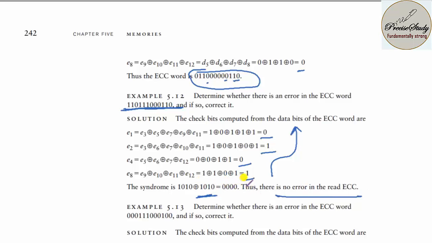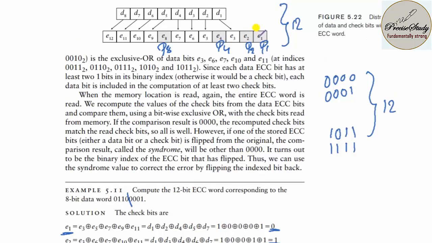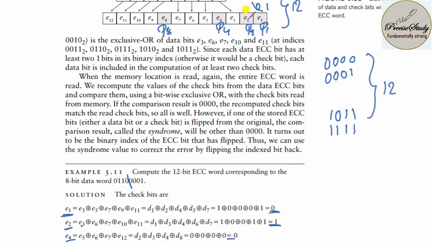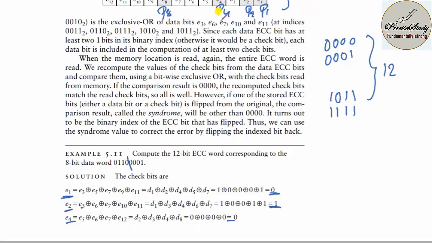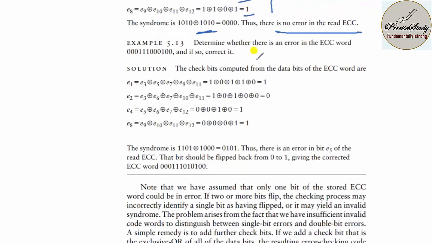If I get 0001, then the first bit has an error. If E1 is 0, then I should make it 1. If it was 1, I would make it 0. Nothing but you have to flip the data. Suppose this value is 2, then there is an error in the second bit. If it is 4, then there is an error in the fourth bit. So it can detect one error and it can correct one error.